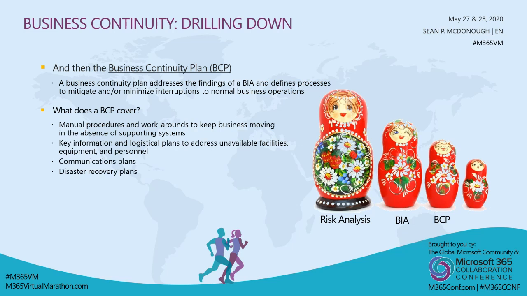The business continuity plan addresses the findings of the business impact analysis, and it defines processes to mitigate or minimize interruptions to normal business operations. Contextually, this is the plan, and it may very well be a written plan, or you may have it in electronic form somewhere, but it describes what you do in the event of an event or a disaster.